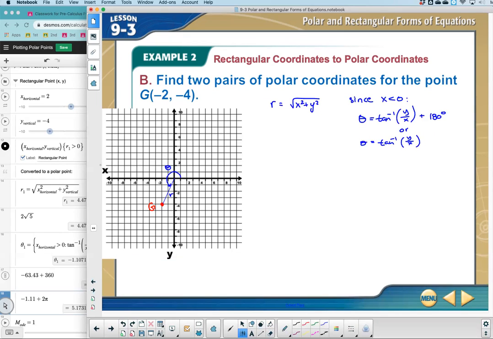So these are going to be our two formulas that we're using. 3 if you want to count those as separate.